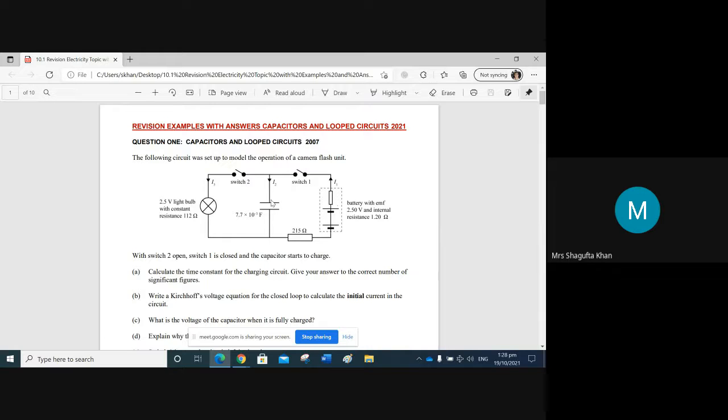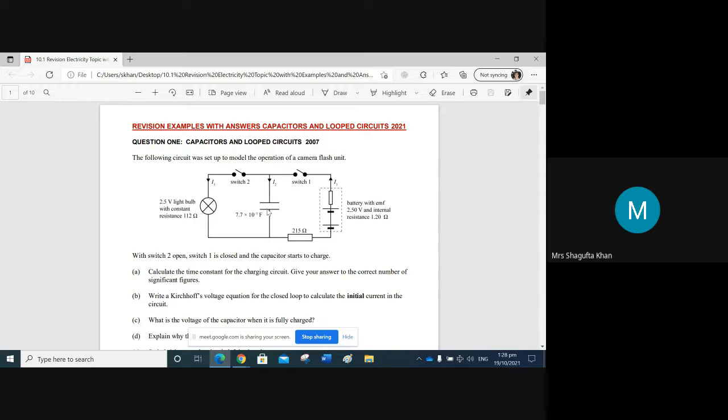As the capacitor charges up, current will decrease, and once the capacitor is fully charged, current will be 0. What will be the voltage across the capacitor when it is fully charged? Because the current has become 0, there's no voltage across here or here. This battery is providing 2.5, so this capacitor will have 2.5 volts across it.